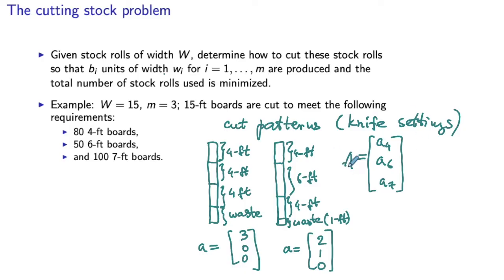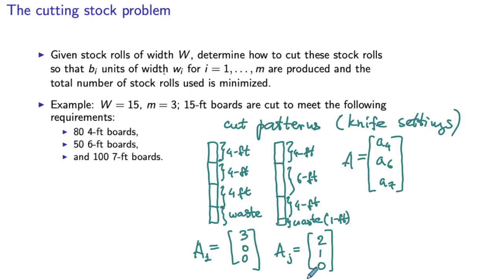So we have A, and in fact we are going to use some index j also to enumerate these patterns. So let's say this could be our first pattern denoted by A1, and this could be some other pattern that will be enumerated according to some index j, so it's not necessarily going to be the second pattern that we consider, so I'm just going to put some arbitrary index j here.